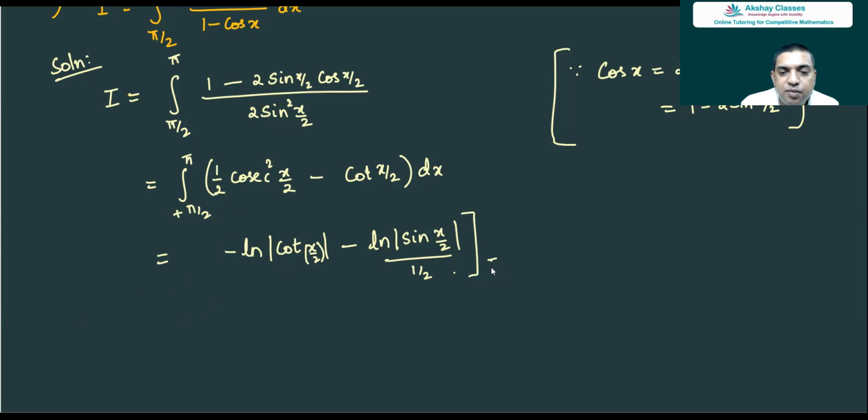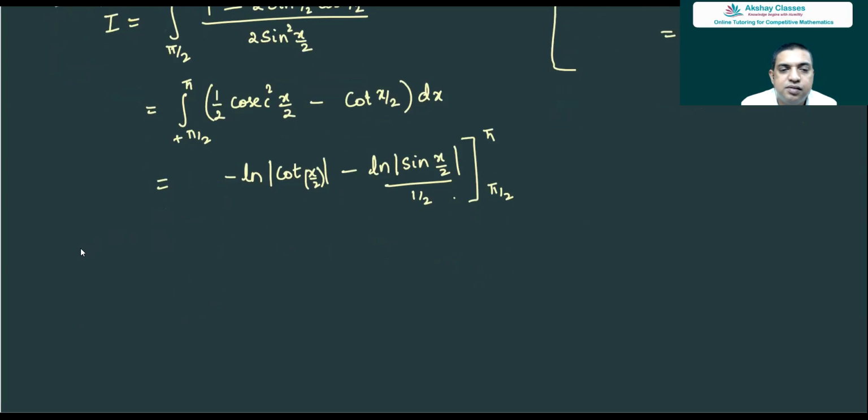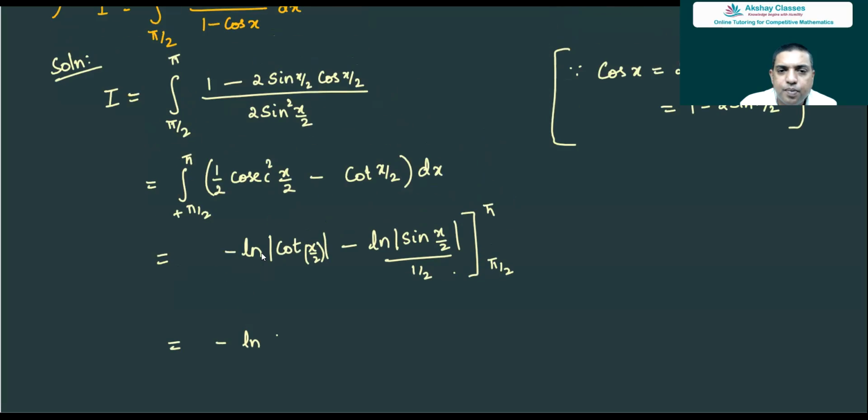Now apply this from pi by 2 to pi. So we get minus log mod cot pi... one second.